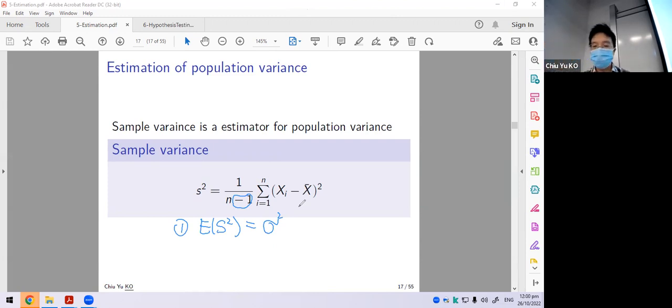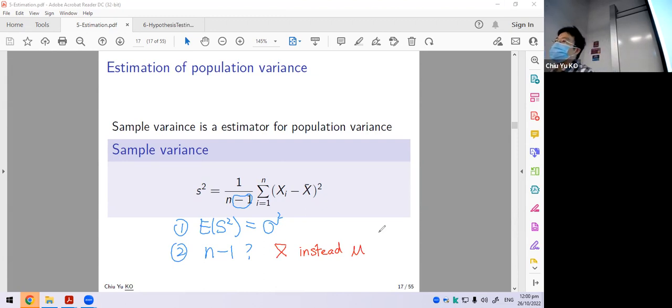The second thing you probably want to understand is why n-1. There are several layers to understanding it, but the main thing is that you have to estimate x bar instead of using mu. If you are given mu, or we know mu, there's no need to use n-1.